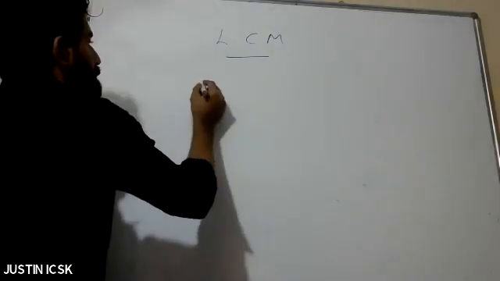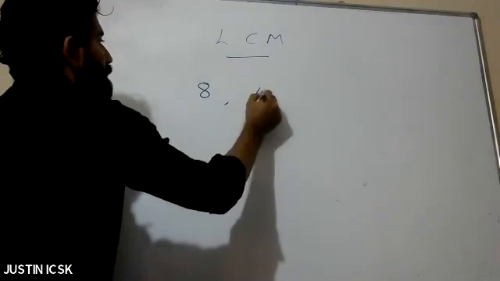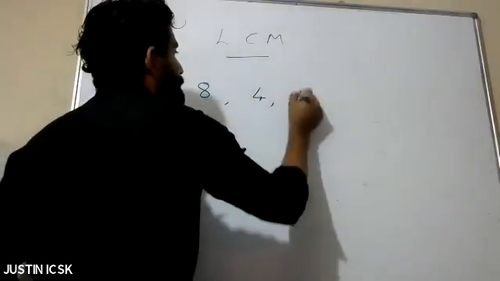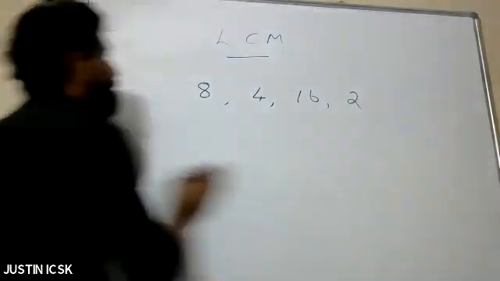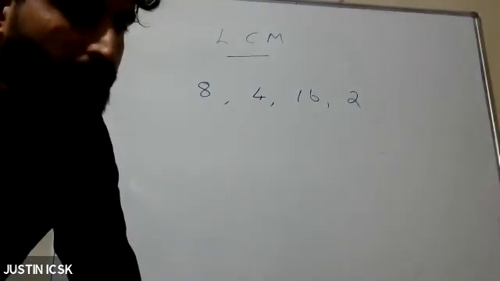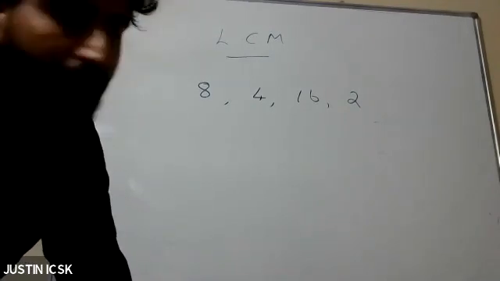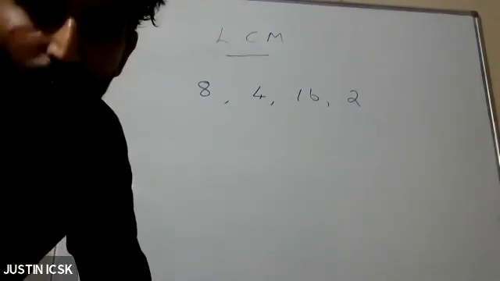So some numbers: 8, 4, 16, 2. We are going to find the LCM of these numbers, the least common multiple.